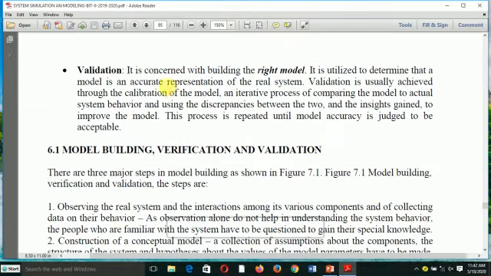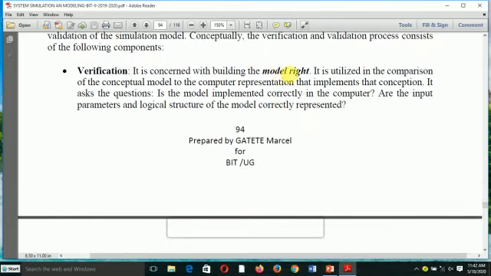But in validation, we are concerned with building the right model. In verification, you build the model right. It means you can build a model which is not right and you make it right.